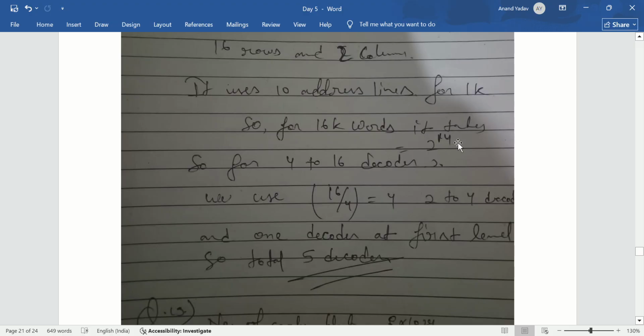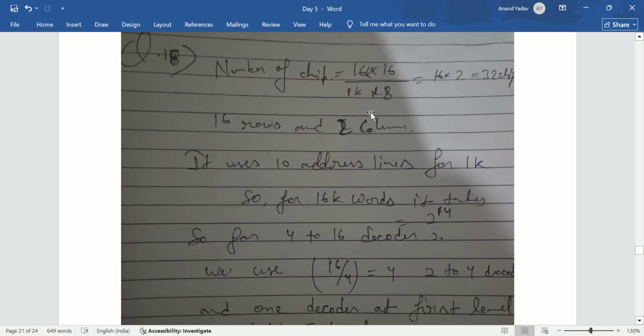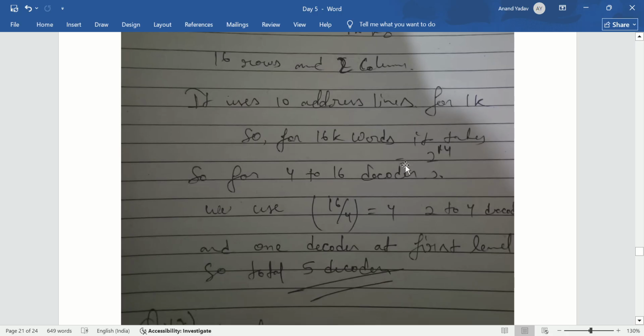Then 16 divided by 4, I will get 4 2 to 4 decoders, and one decoder at the first level is also used for addressing these four decoders. So in total 5 decoders I will use for addressing these chips.